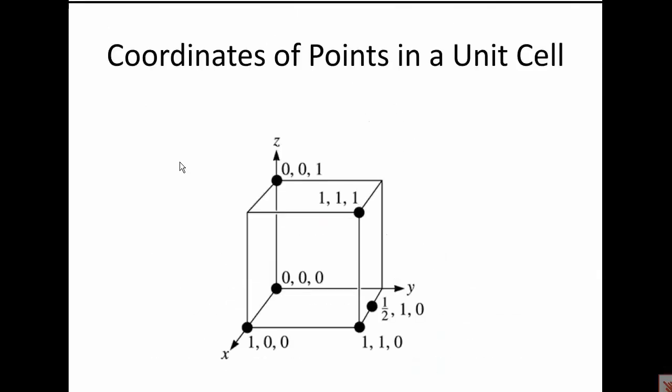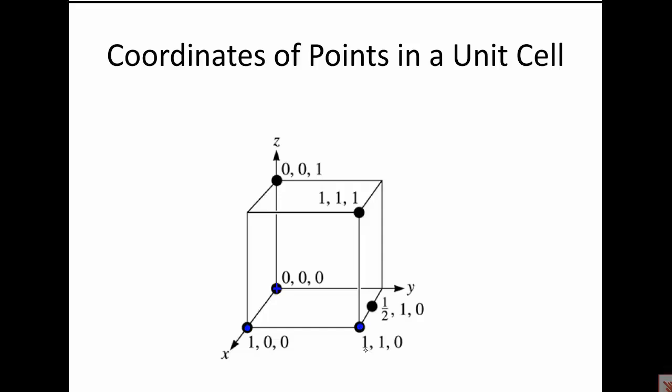This is applied to determine coordinates in a cubic unit cell. If we put our origin here, this is the 0, 0, 0 location. This edge of the unit cell is the 1, 0, 0. The 1 represents that we have traversed one lattice parameter. This location requires us to go one step in the x direction and one lattice parameter in the y direction.